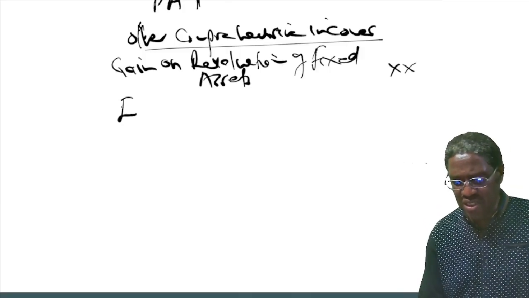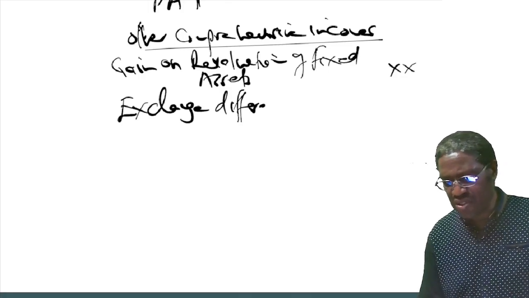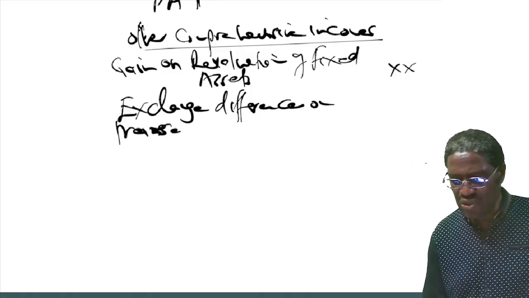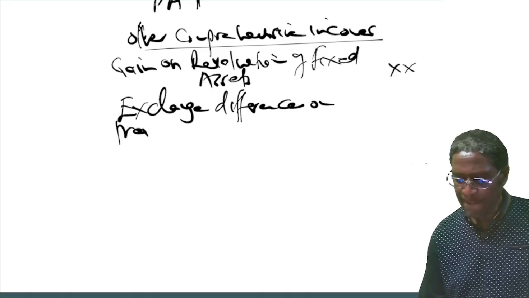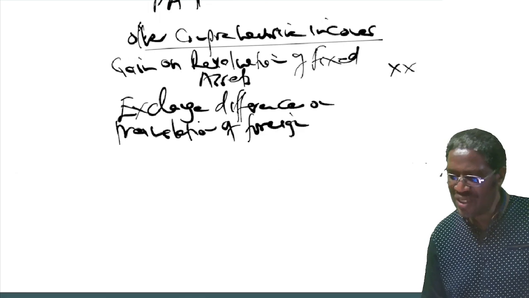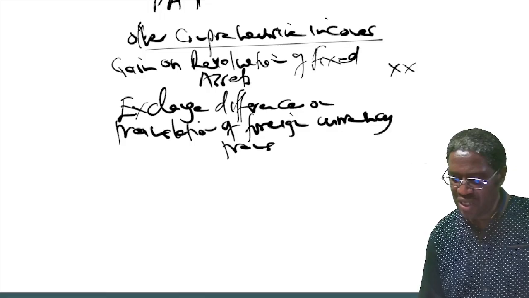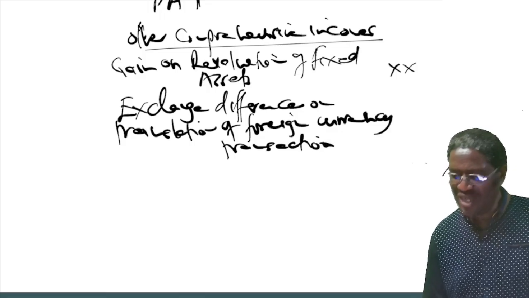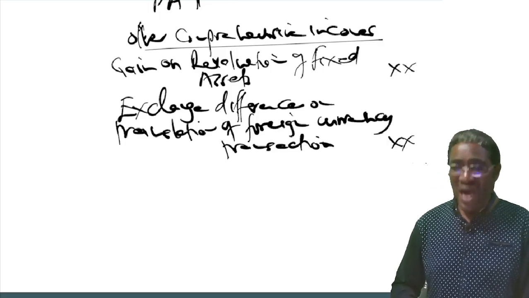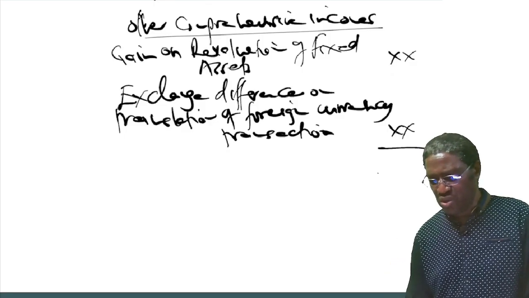So maybe I can list another example here, which is what we are calling exchange difference on translation of foreign currency transactions. That's another example of other comprehensive income.